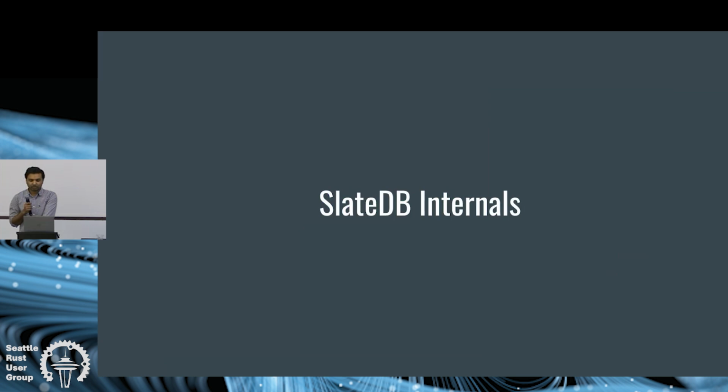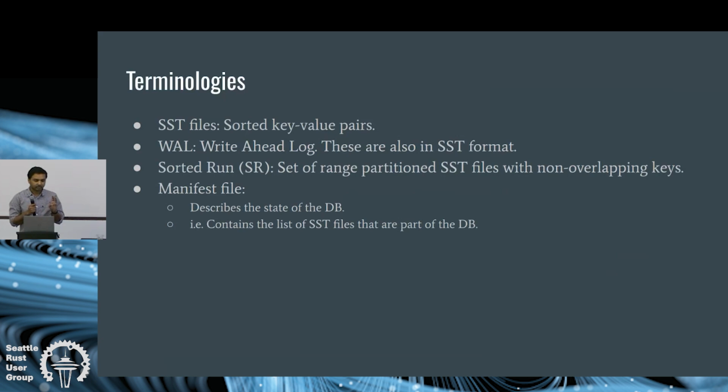So with that, I'm going to go into the internals of what happens when you do a put. There are a couple of terminologies. As I shared earlier, this is built as a log structured merge tree. The first is the SST file. It is a binary file. It has key value pairs and a little bit of metadata.